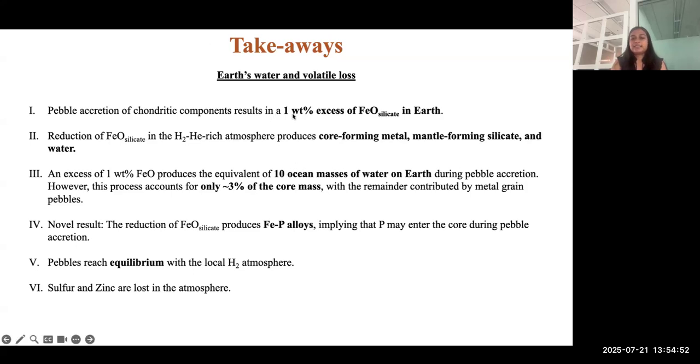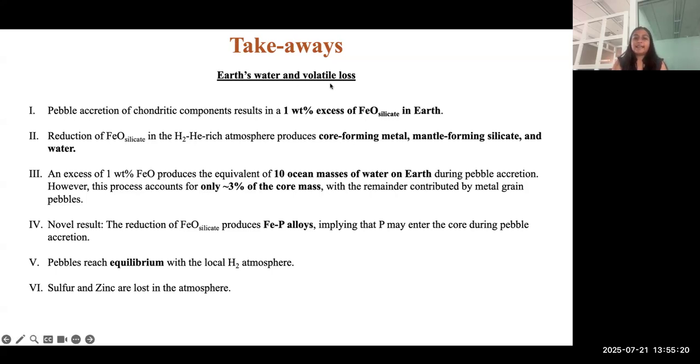So I'm bringing 1 weight % more FeO to Earth through this process. And indeed, they should melt in the atmosphere, which is hydrogen and helium rich. And therefore, this way, FeO reduction will form Earth's core-forming metal, mantle-forming silicate, and water. 3 major things for Earth.